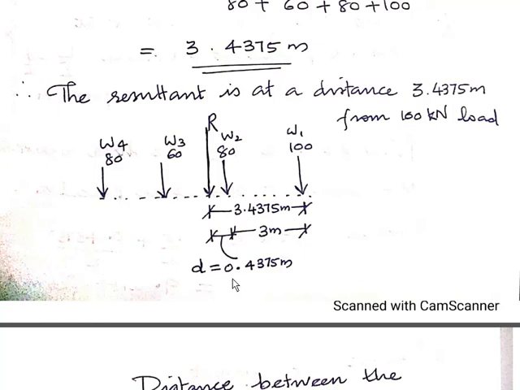Let D be equal to 0.4375 meter. D is nothing but the distance between the resultant and the nearest load. Just remember how to calculate the distance of the resultant from the first load, and then the distance between the resultant and the nearest load is to be calculated.